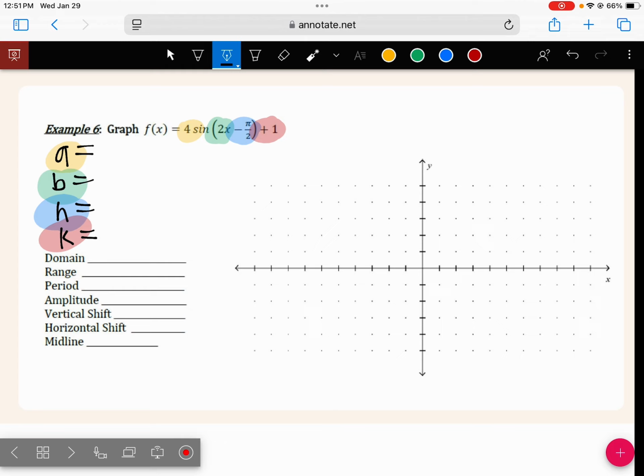A equals, B equals. H is pi over 2. Oh, I forgot that one. And K is 1.